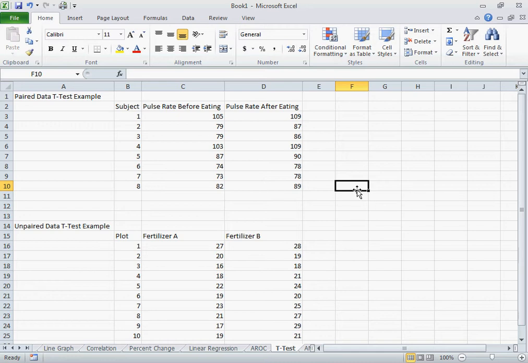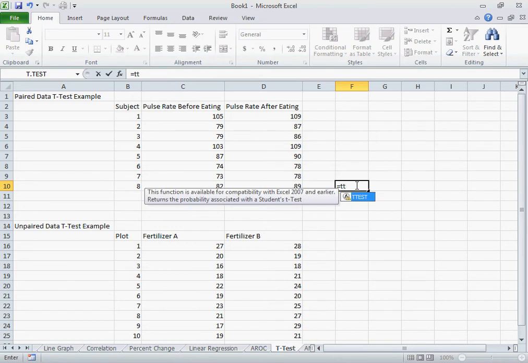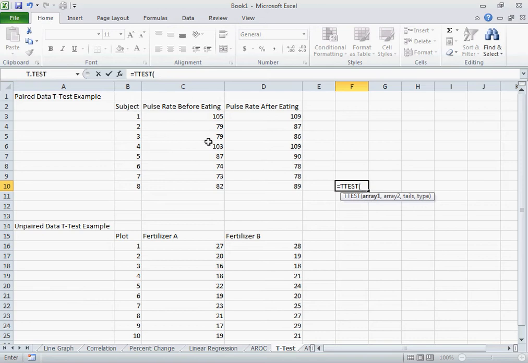So what you're going to do is click into an empty box, hit the equal sign, type in t-test, and the first thing it wants is the array or the range of data for the first set, and you're going to click and drag, then comma, and it's asking for array 2, and that's the second set of data.